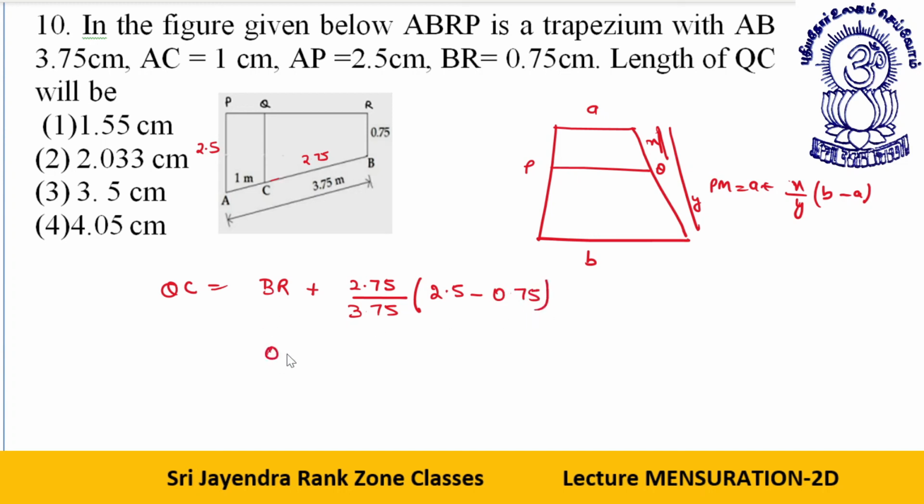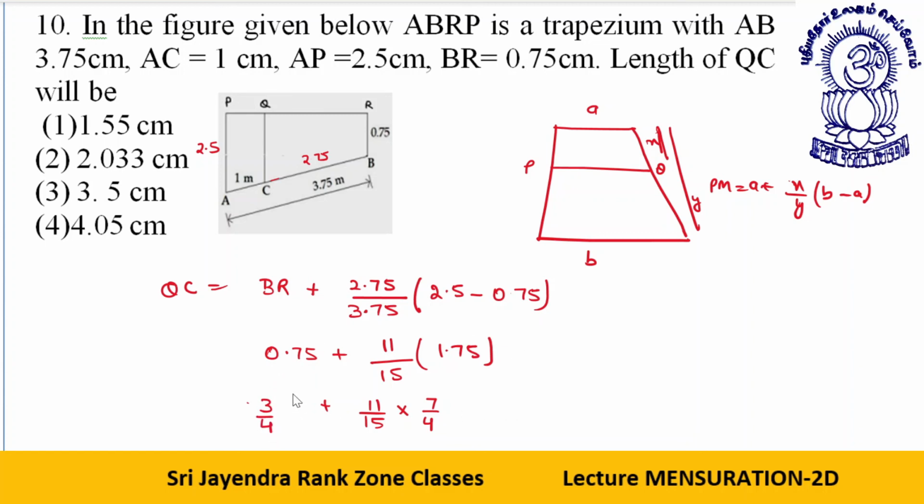BR was 0.75, so this gives me 0.75 plus, if I cancel this by 0.25, what do you get? 11 by 15 of 2.5 minus 0.75. Okay, so your answer will be 0.75 plus 11 by 15 into, this will be 7 by 4. So far clear? Or I can say this is 3 by 4.